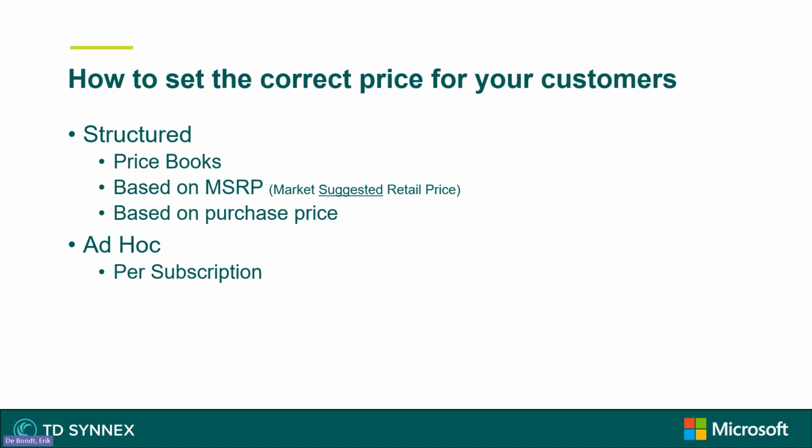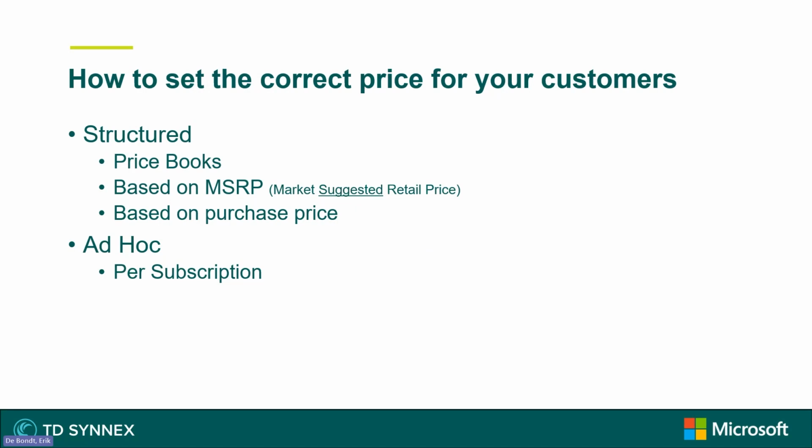They are based on MSRP, the market suggested retail price. I underline suggested because a lot of questions, what can I go over? Yes, you can go over the MSRP if you would like to. You don't need to sell at MSRP. You can go over or under the price.